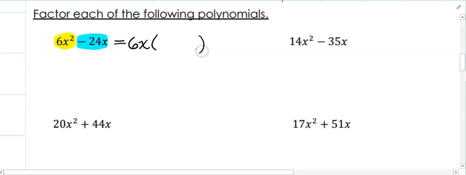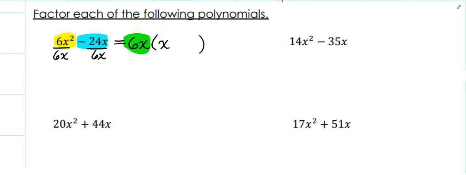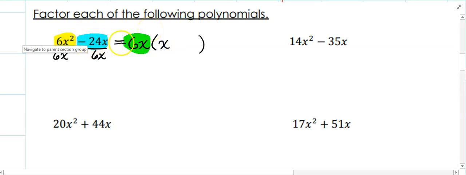And now I have to write what remains after I factor out 6x as my GCF. Again, if it helps, go ahead and divide by that GCF and write what remains. But you can also think 6x times what is 6x squared? 6x times x. Negative 24x, 6x times what is negative 24x?